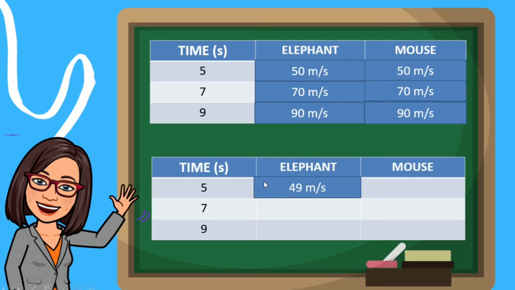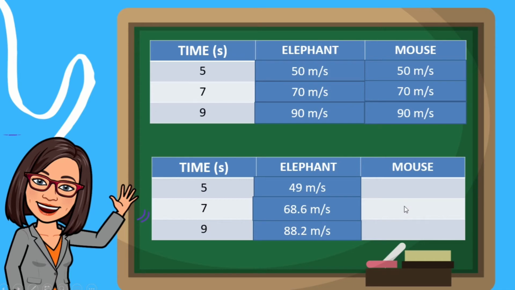For the elephant, after 5 seconds, you have 49 meter per second. That is 5 times 9.8 because 9.8 is the actual value of acceleration due to gravity. 68.6 meter per second after 7 seconds and 88.2 meter per second after 9 seconds.